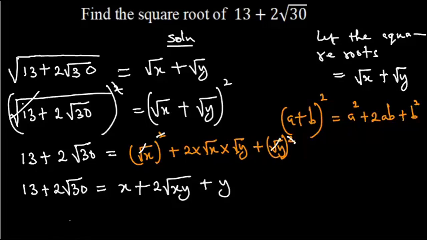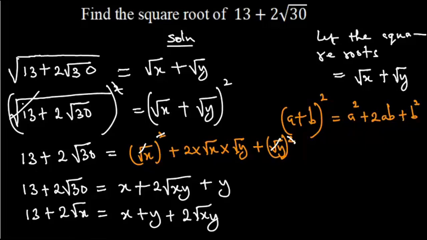So let's rearrange our expression. On the right hand side, I have 13 plus 2 root 30 equal to x plus y, and then plus 2 root xy. Now obviously, as you can see, I have x plus y here, and I also have 2 root xy here.